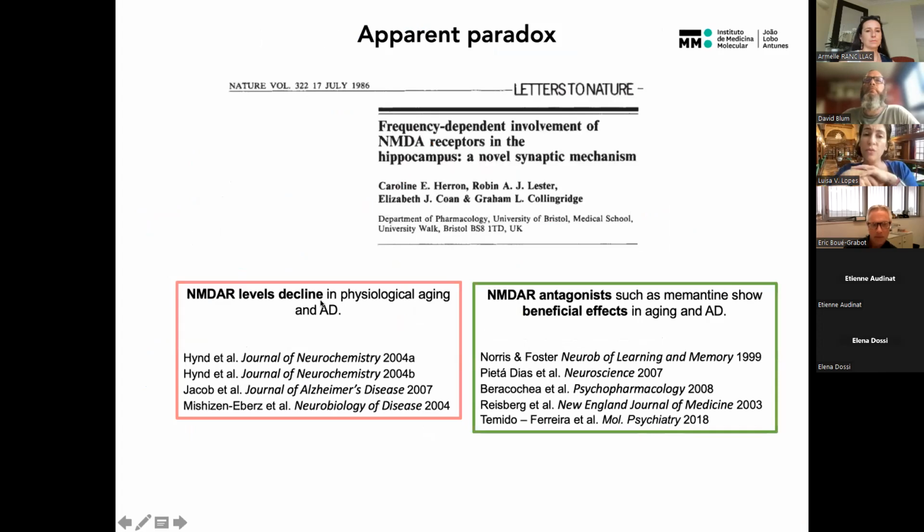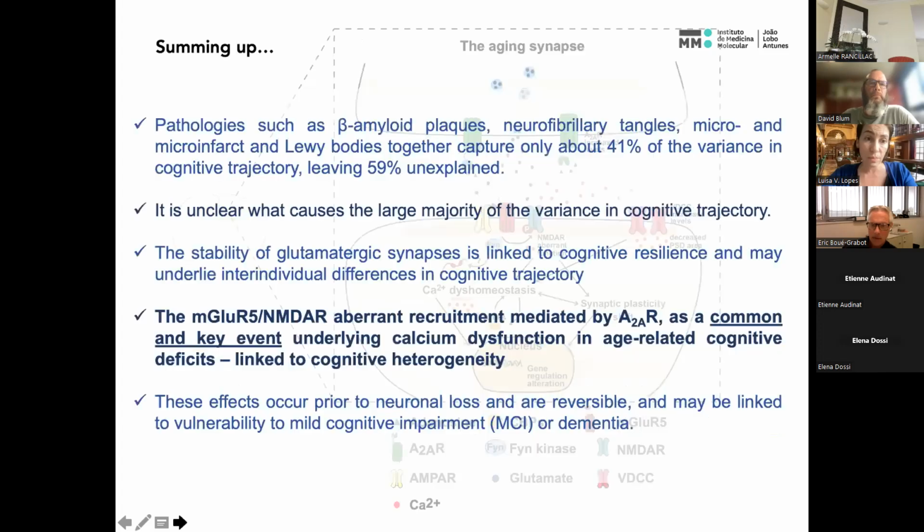And so our data may explain this apparent paradox in aging and AD, which is that NMDA receptors are seen to decline. Whenever people do bulk analysis, they seem to decline, but NMDA antagonists, such as memantine, have beneficial effects in some of the patients. So it may be that the expression does not really express this overactivation.